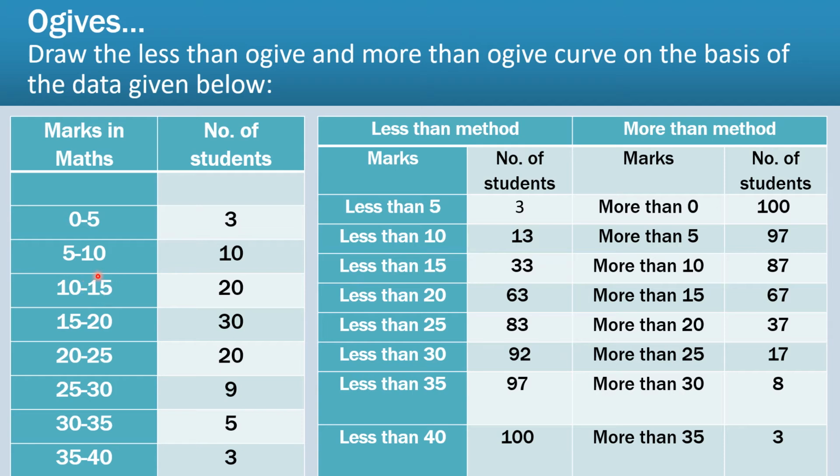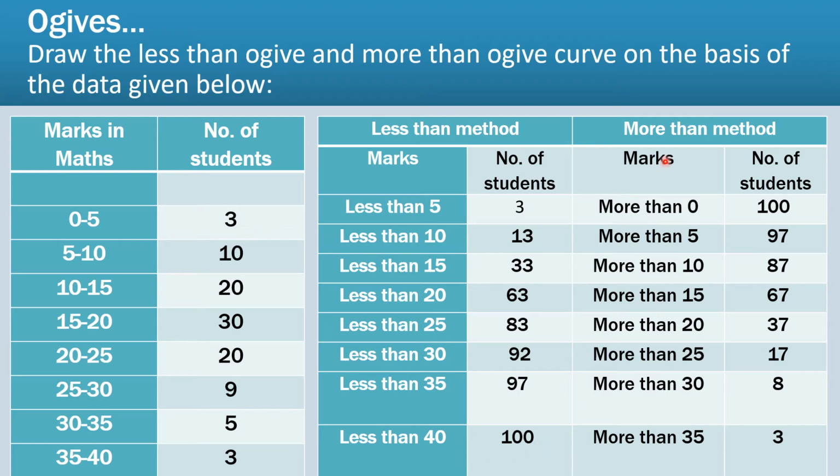All the students getting less than 15 would be 20 plus 10 plus 3. So that gives us 33. Then 33 plus 30 gives us 63. 63 plus 20 gives us 83. 83 plus 9 gives us 92. 92 plus 5 gives us 97. 97 plus 3 gives us 100. So less than 40 you have 100 students.